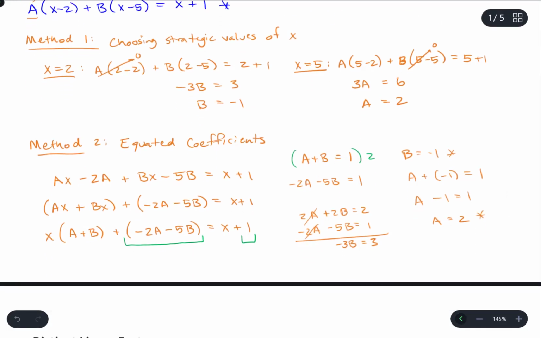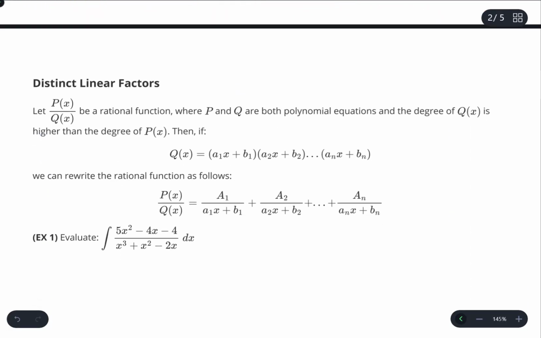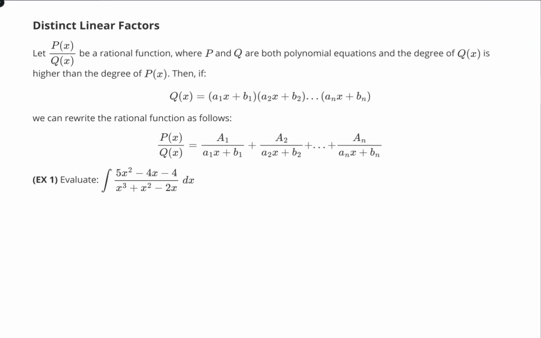Now, the last step in the process would be to actually do some integration, because you have to admit we haven't done that yet. But before we get there, let me just state formally a process for decomposing rational functions with distinct linear factors. All right, so let p of x over q of x be a rational function where p and q are both polynomial equations and q of x degree is higher than the degree of p of x, so it's proper.